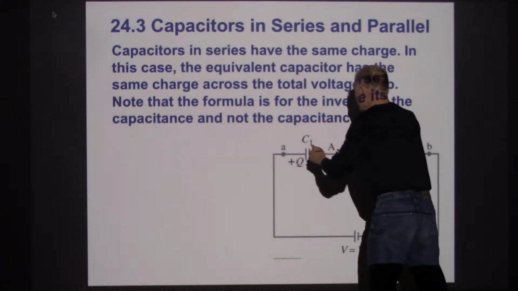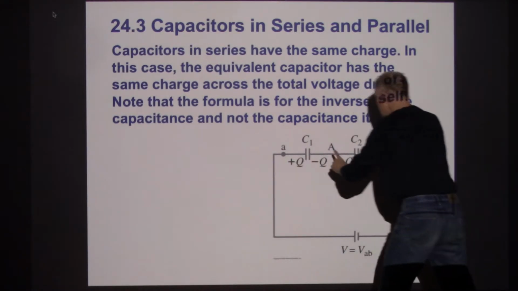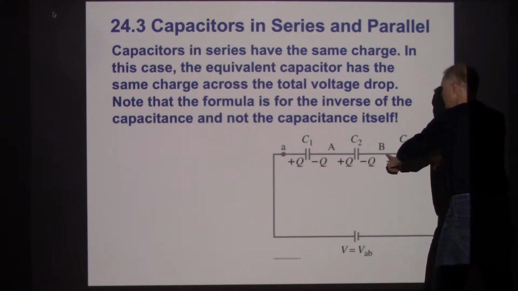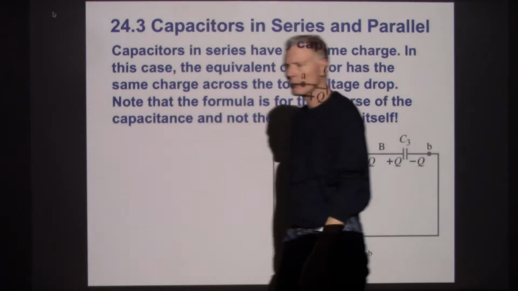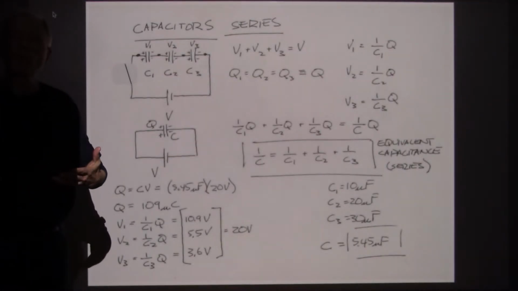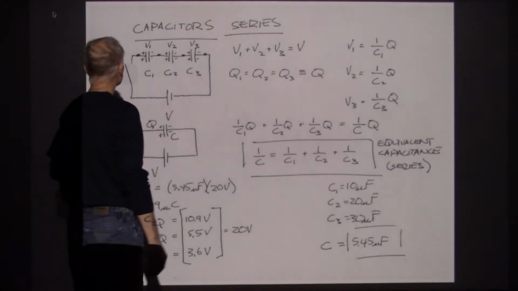So I have to think in terms of how much charge and voltage do I have here, how much charge, how much voltage do I have here, how much charge, how much voltage here. So let's take a look and see how the formulas are going to be similar or different from what we did when the capacitors were in parallel.